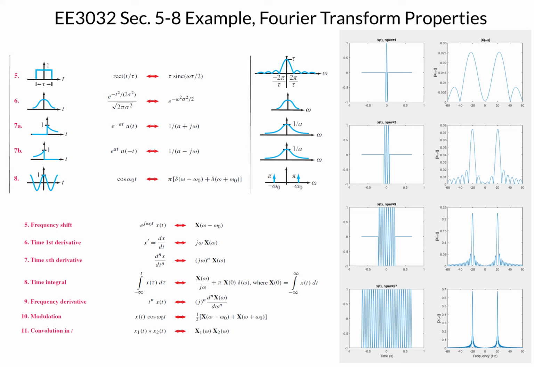We can see on the graph in my y-axis that my upper limit here is 0.03, then 0.08, 0.25, 0.7. The height of these sinc functions is growing by a factor of 3 each time I expand in time by a factor of 3.